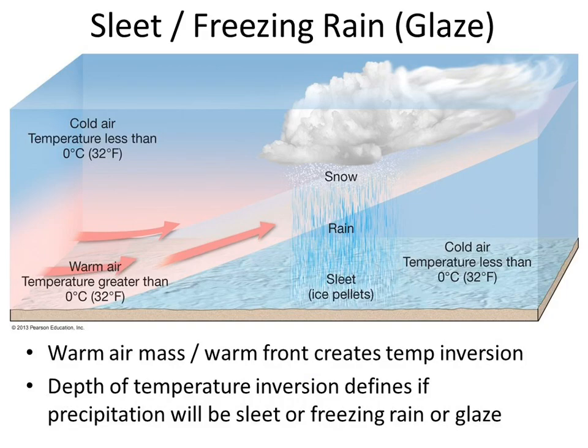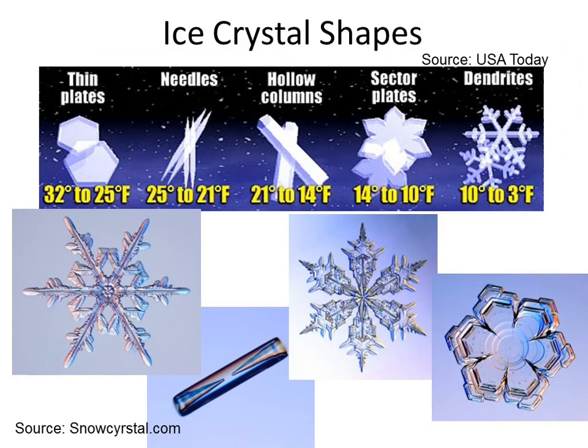Can we go back? Due to the shape of the crystals, isn't that what helps them interlock better and causes different types of snow? Could be. There's light fluffy snow, and then there's that wet stuff. I didn't know if the crystals played a part in that or not. Yeah, I think so.